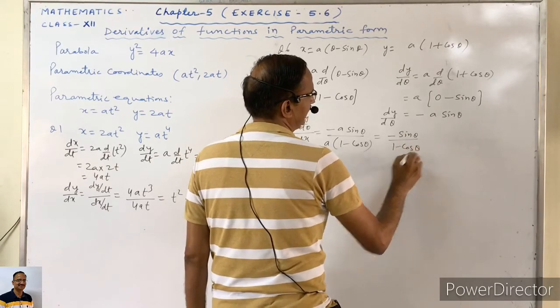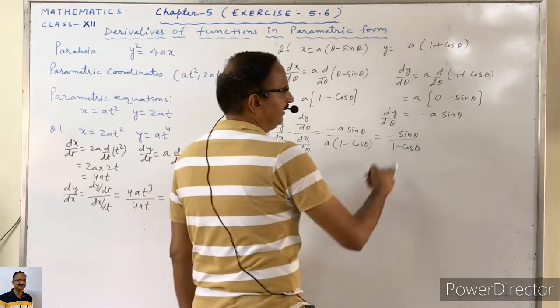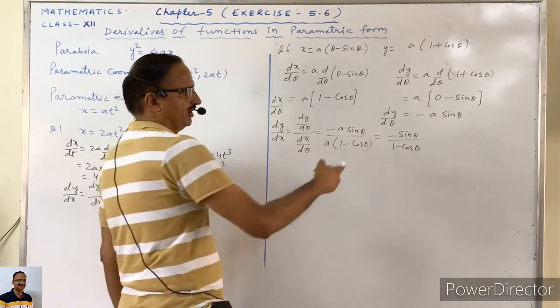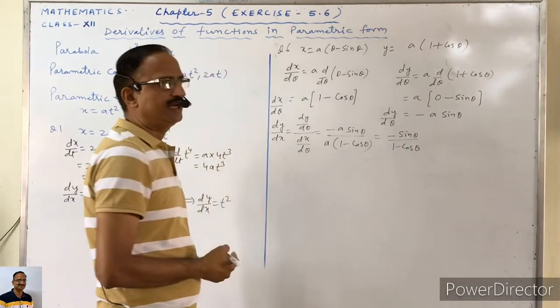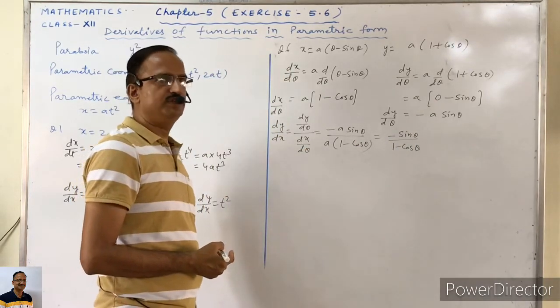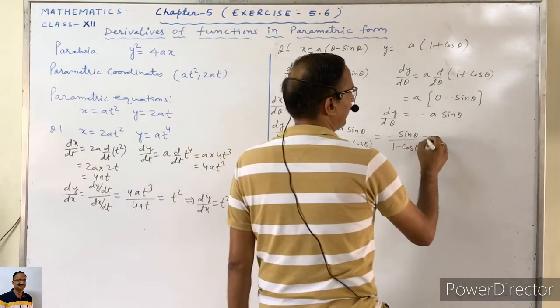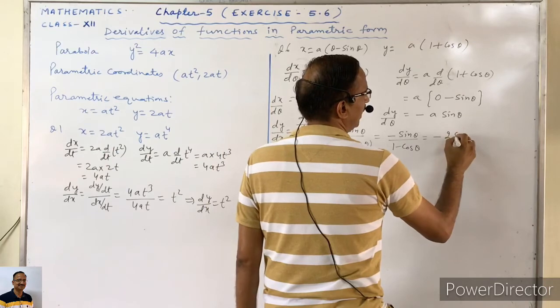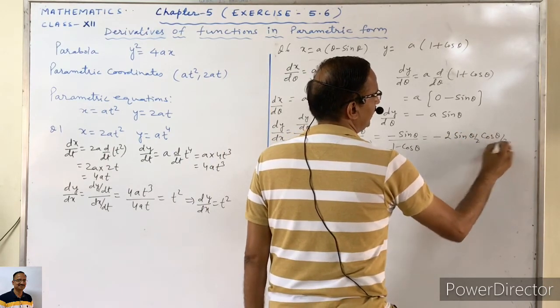Now we can further simplify this. So we can put the value of sine theta with the help of the formula sine 2 theta, which we have studied in class 11. So this can be written as 2 sine theta by 2 cos theta by 2.